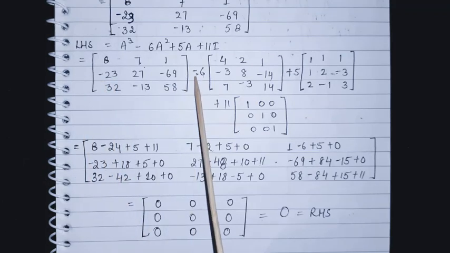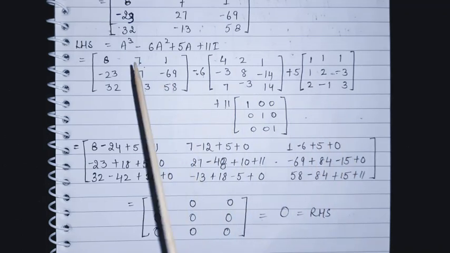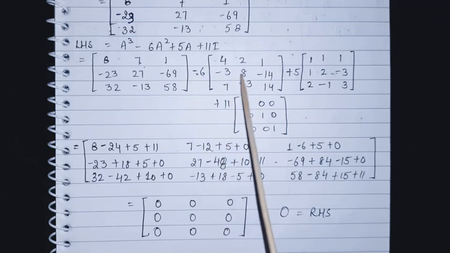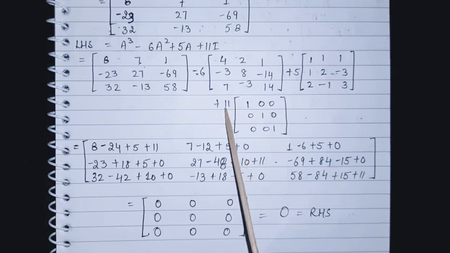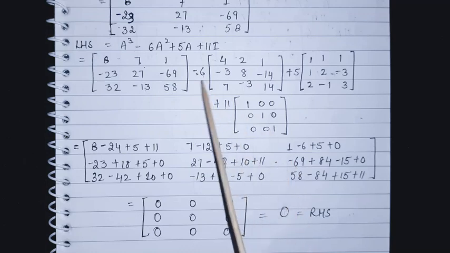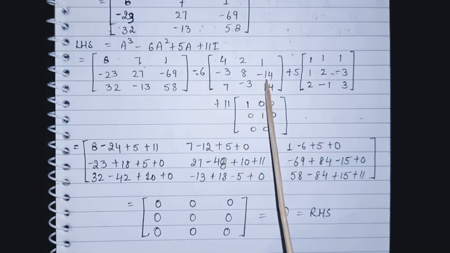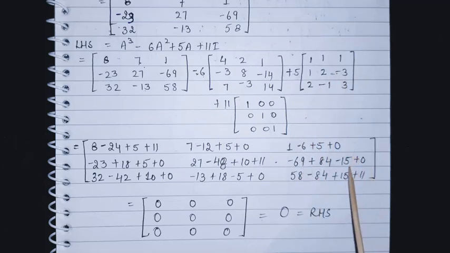Next one, minus 23, minus 6 into minus 3 is plus 18, 5 into 1 is 5, and 11 into 0 is 0. So basically we are adding the corresponding elements here. Next, 27, minus 6 into 8 is minus 48, plus 5 into 2 is 10, and 11 into 1 is 11. Next element, minus 69, minus 6 into minus 14 is 84, then 5 into minus 3 is minus 15, and 11 into 0 is 0.